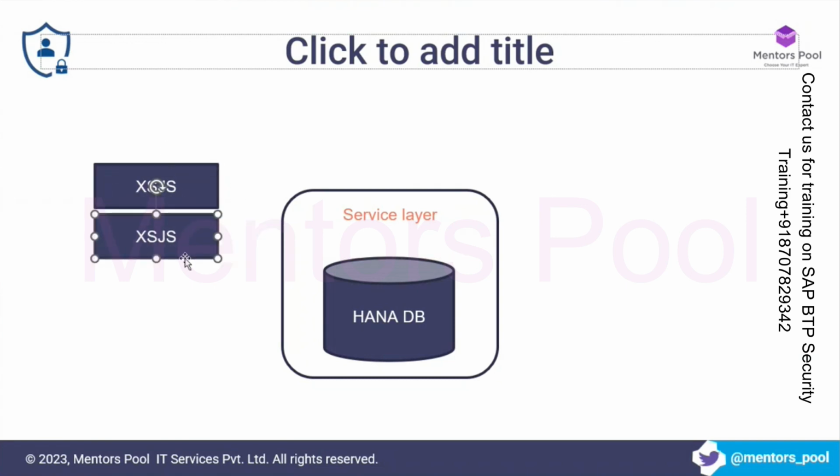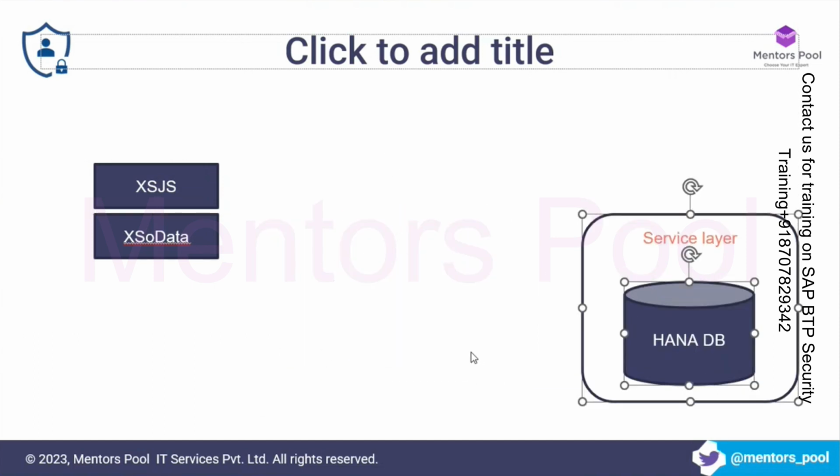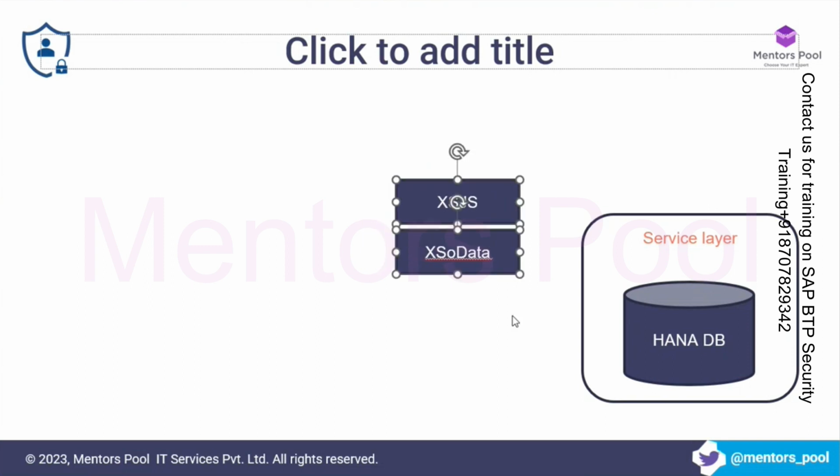You guys would have worked with OData, right? Yes, worked with OData. Awesome. So what this service layer basically does is it gives you a feature that you can use XSJS and XS OData directly.